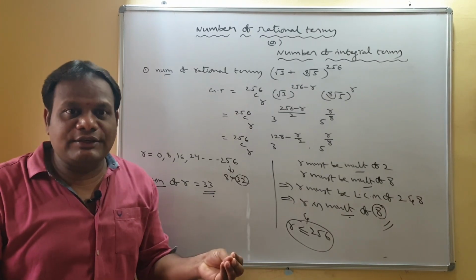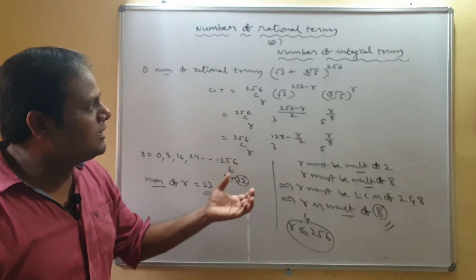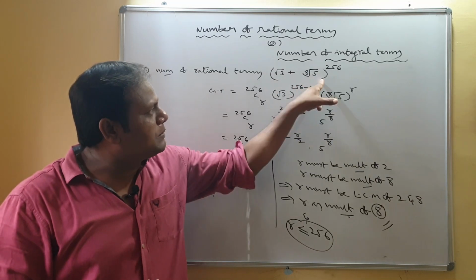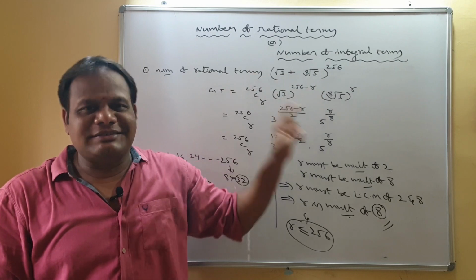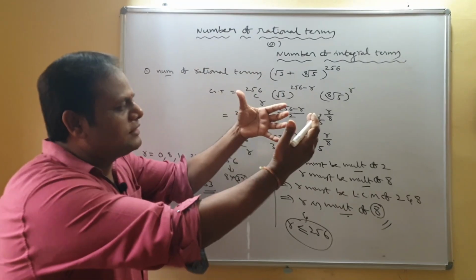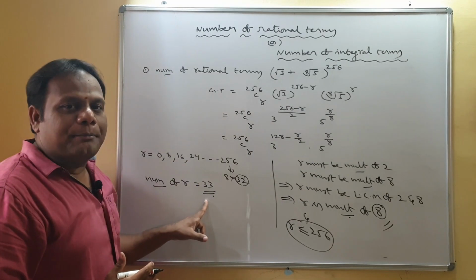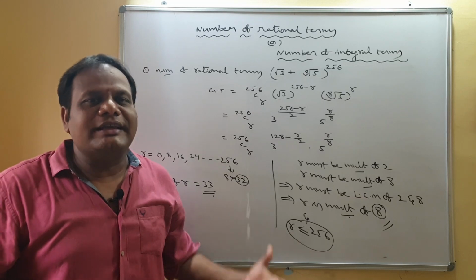Sometimes they will ask how many irrational terms will exist. By that time, can you tell how many terms are there in this expansion? Power is 256, so 257. From the total 257 terms you remove the number of rational terms, then you are left with the number of irrational terms.